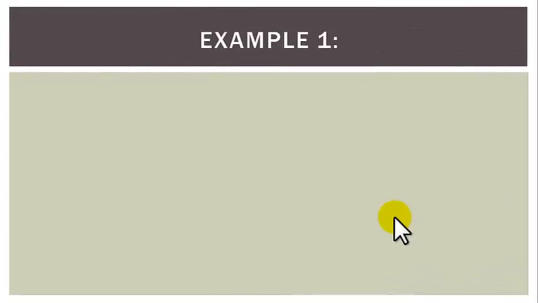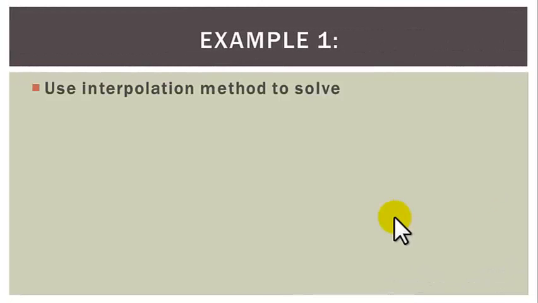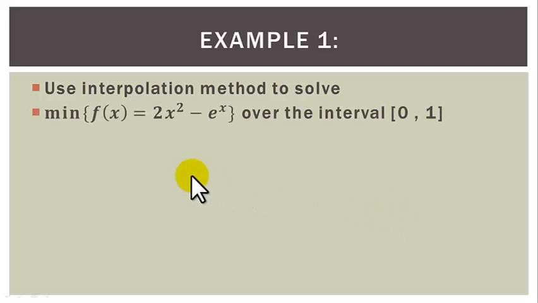Example 1. Use interpolation method or approximation method to solve the following optimization problem. Minimize f of x equal to 2x squared minus exponent x over the interval 0 to 1. Solution.